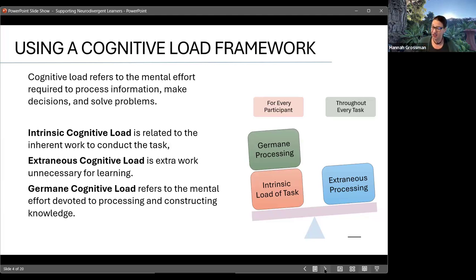There's a point called cognitive overload, and when cognitive overload hits, processing and integration of information stops.